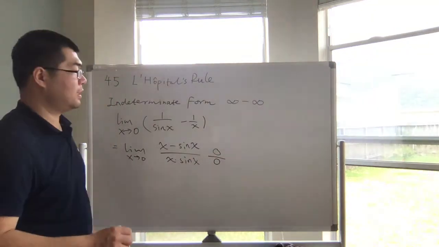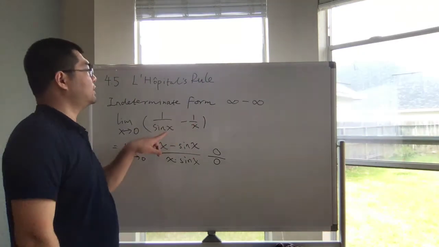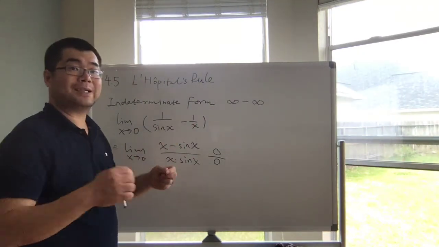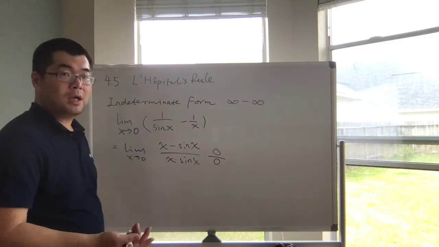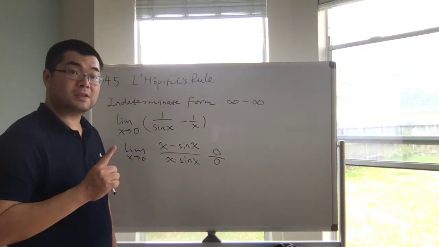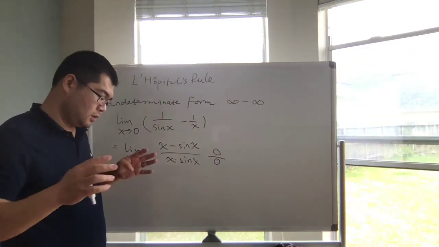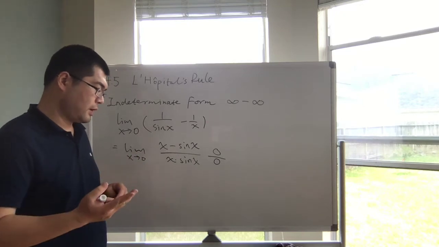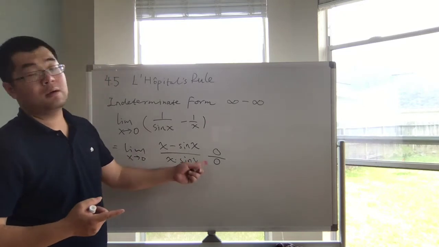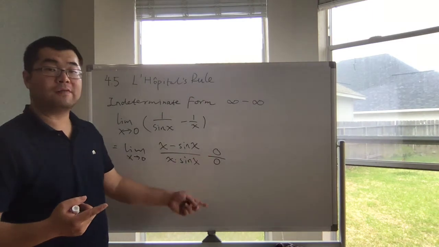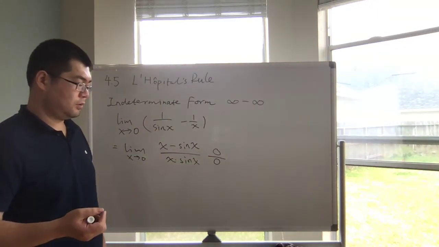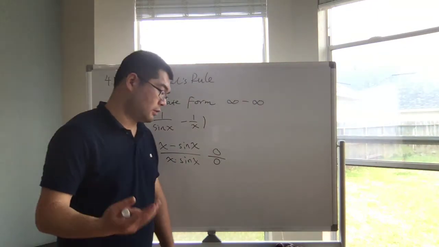So do you realize that, guys, before it looks like there's no connection at all, but after one step, combining two fractions into one, we have what we want, right? We have 0 over 0, the original indeterminate form, to apply the L'Hopital rule.